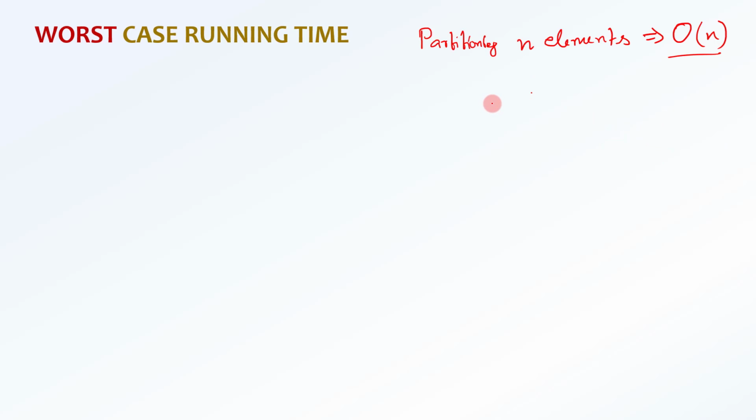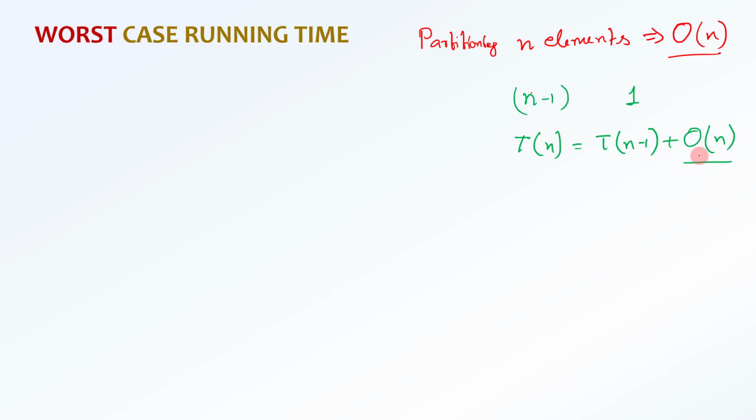Now in Quicksort, the worst case occurs when the partitioning produces one region with n minus 1 elements and one with only one element. If this unbalanced partitioning arises at every iteration, Quicksort produces its worst case running time, and we can write the running time of n elements as the running time of n minus 1 elements plus order of n.